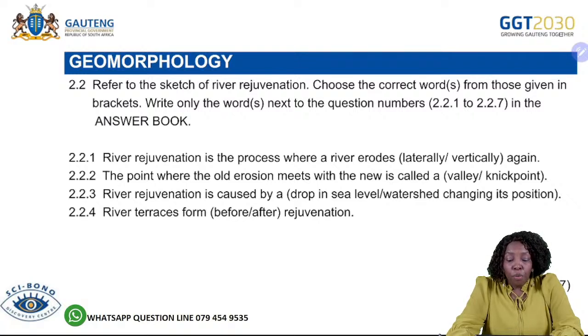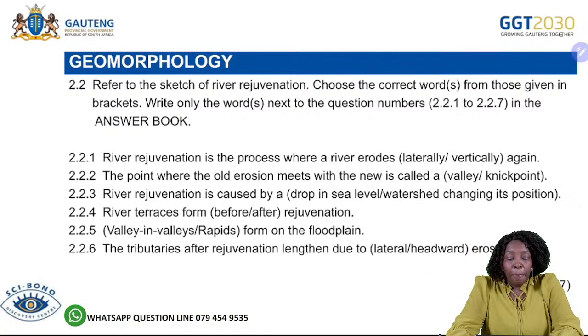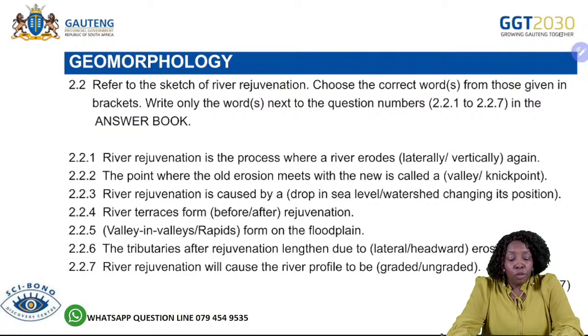Fourth: river terraces form before or after rejuvenation. Number 5: valleys in a valley or rapids, they form on a floodplain. Number 6: tributaries after rejuvenation lengthen due to headward or lateral erosion. The last question: river rejuvenation will cause the river profile to be graded or ungraded.